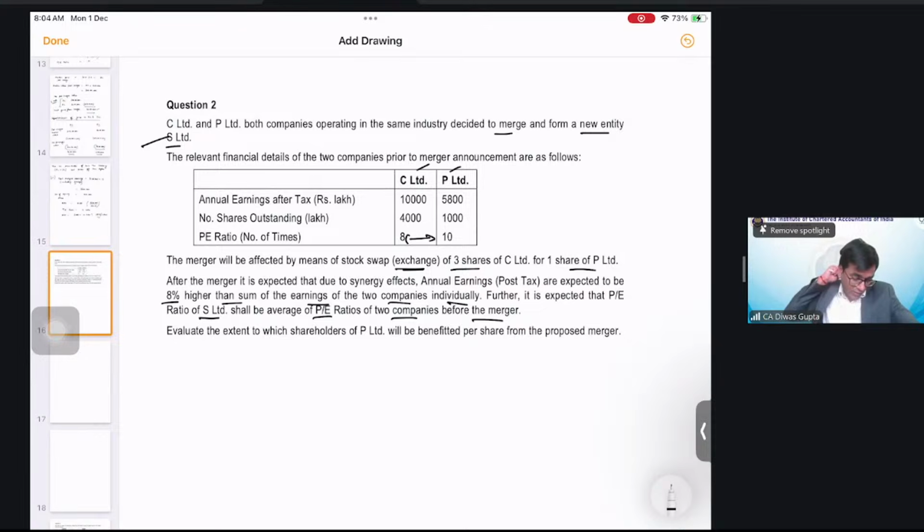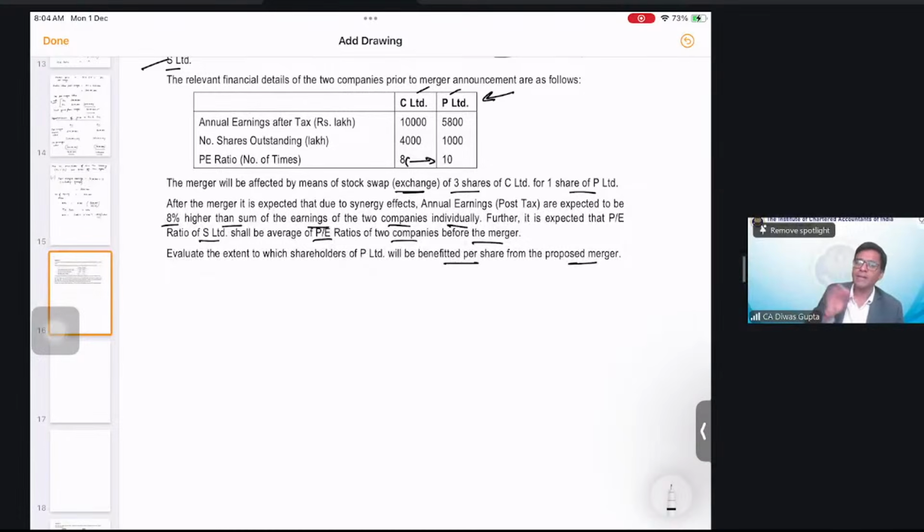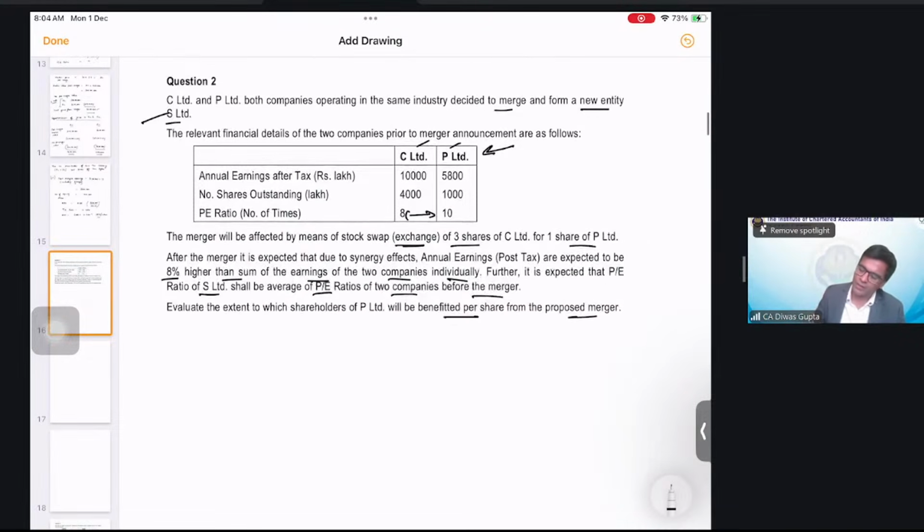Evaluate the extent to which shareholders of P Limited will benefit per share from the proposed merger. So they're asking us to calculate from the perspective of P Limited. That we can do easily, yes. So for that, first of all, let's calculate step by step their market value and earnings, and then we'll go to the post-merger analysis.